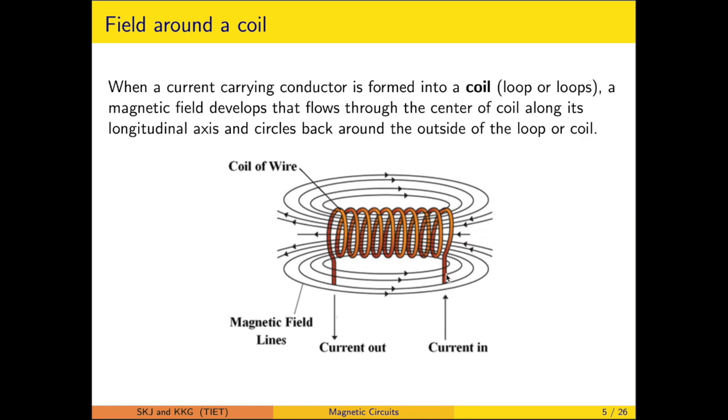When the coil is carrying a current, we hold the coil such that the fingers are directed towards the direction of the current, then the thumb will be pointing in the direction of outward flux. Let's say in this the current is entering, so we hold the right hand likewise, so the thumb is pointing directed towards the left.